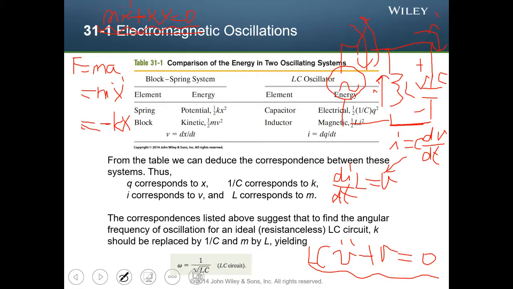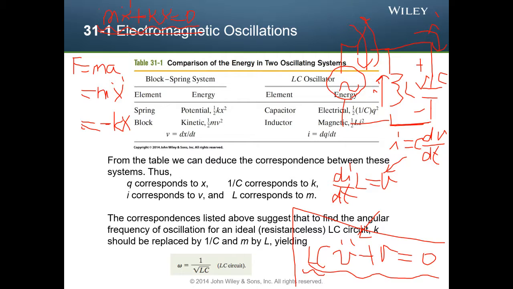If you're familiar with the spring oscillation, then you can get the idea of it. And of course, omega is 1 over square root of LC, because it is second derivative with respect to time.